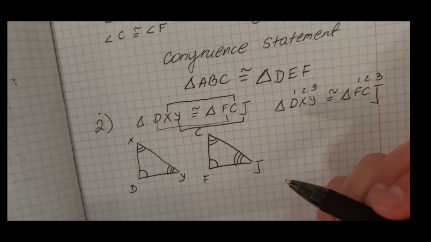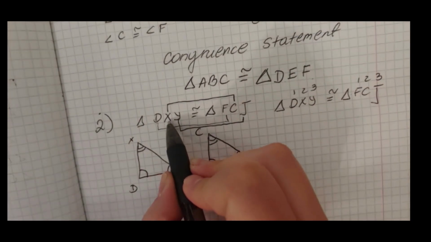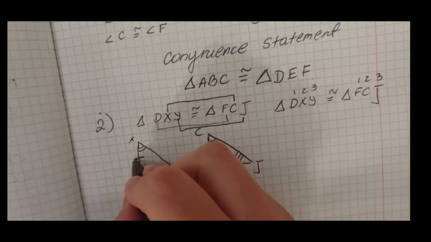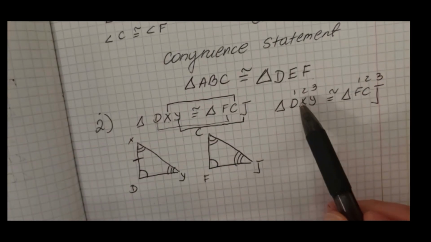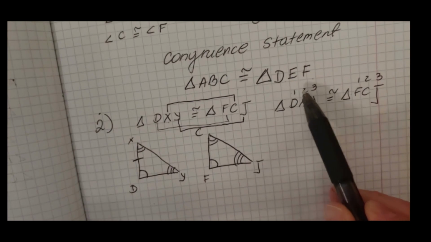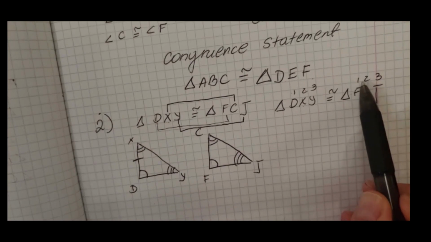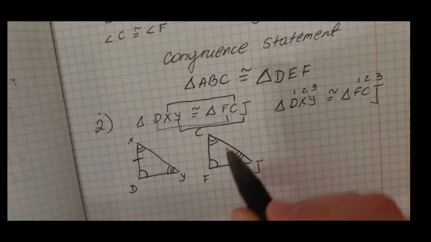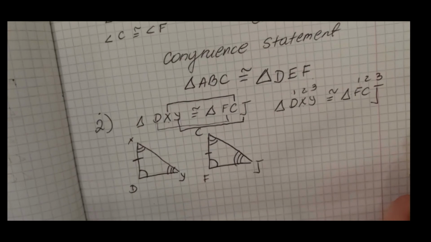Now, how do I mark the sides? Well, I'm going to start with side DX and put one mark on it. So if I use my numbers, DX is 1, 2. That means the side that is corresponding and congruent to it has to be 1, 2 in this triangle, which is FC, one line.